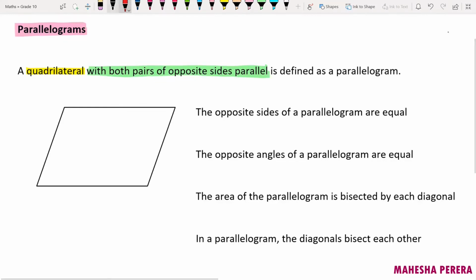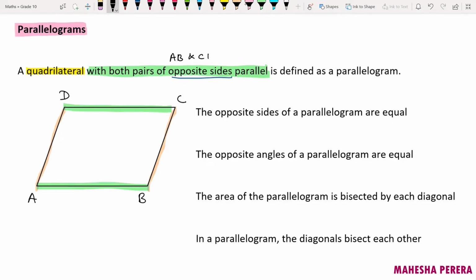They are parallel. So let's mark it. Now, if you consider these two sides, these are opposite sides. And also, these two sides are opposite sides, right? Now, if I label this parallelogram ABCD, AB and CD are opposite sides.